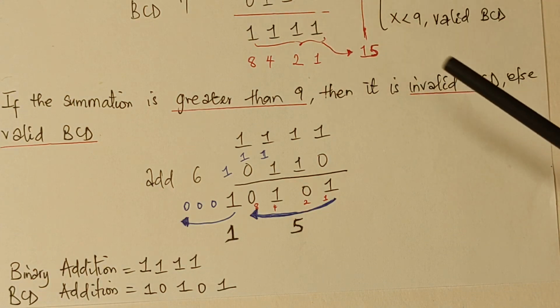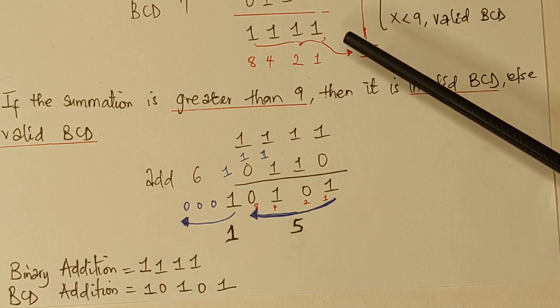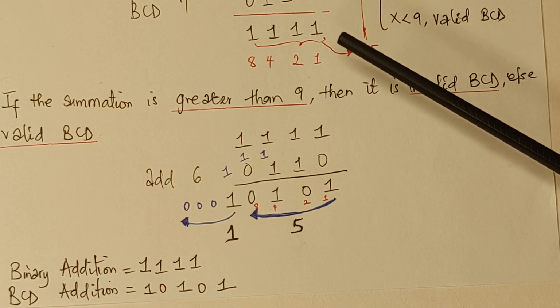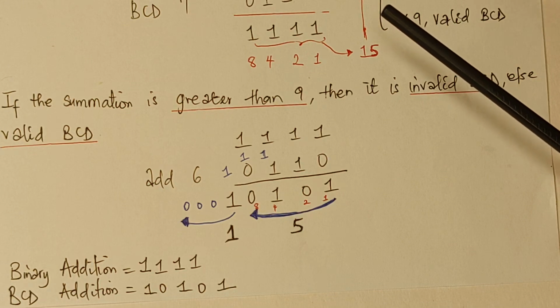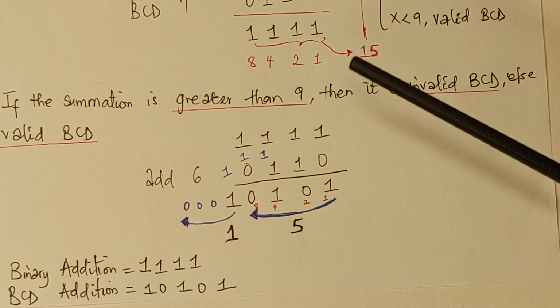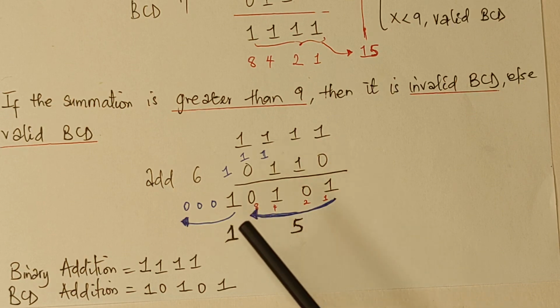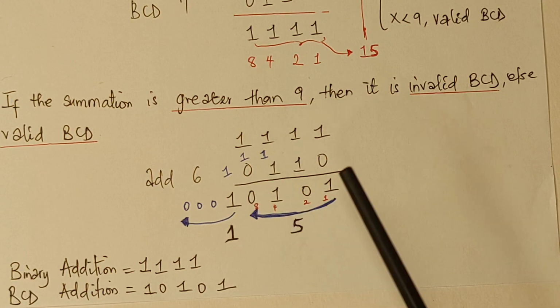Please do not leave your value this way, because this is invalid BCD. The rule states that whatever value you have should not be greater than 9. So if it is greater than 9, do well to add 6. And when you add 6, if the value doesn't make up to 4 or 8 bits, which is 4, 4, do well to add 0 paddings.